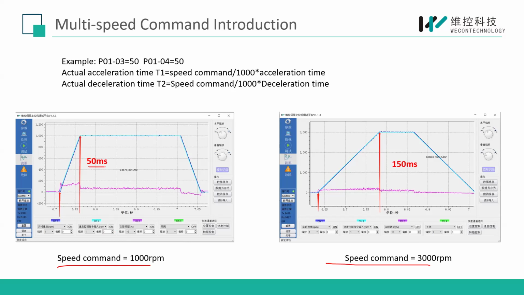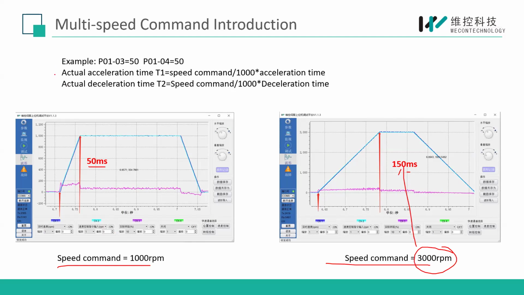But when we set the speed value to 3000, the acceleration time is 115 milliseconds. So this is the difference.